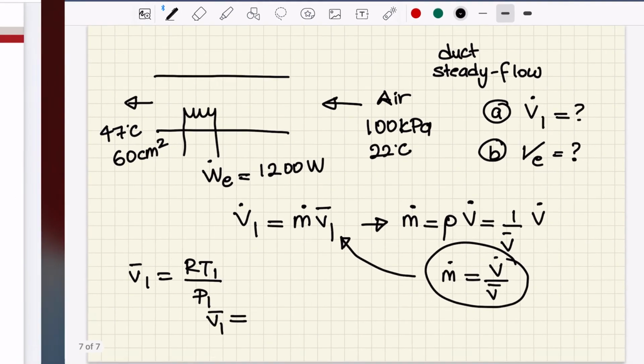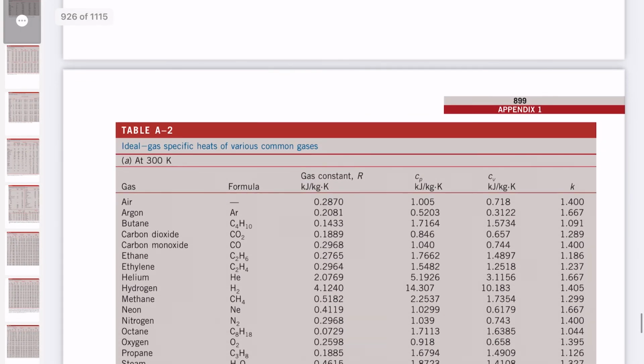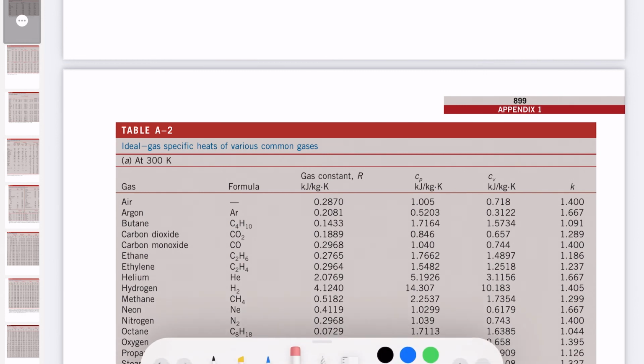R is, we look at from table A2, you can look at here. 0.287 kilojoule per kilogram Kelvin.